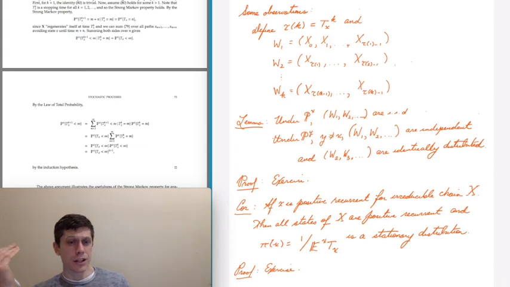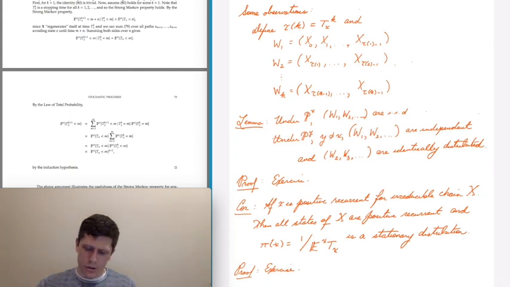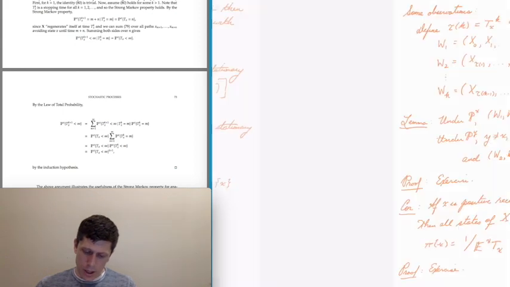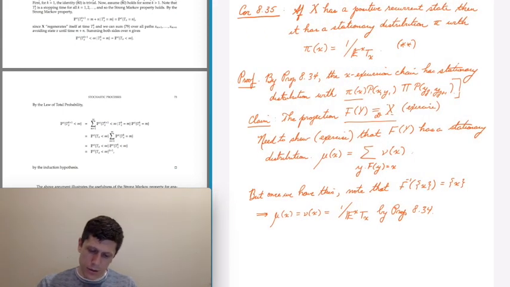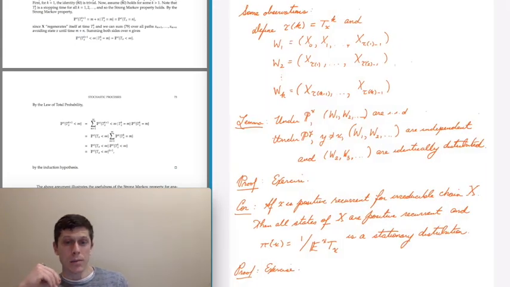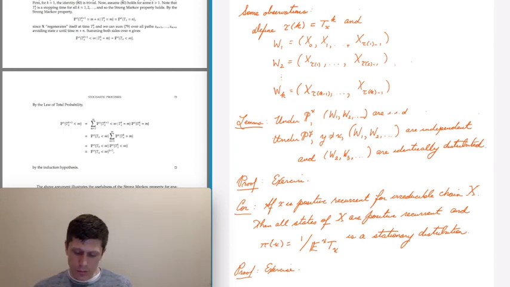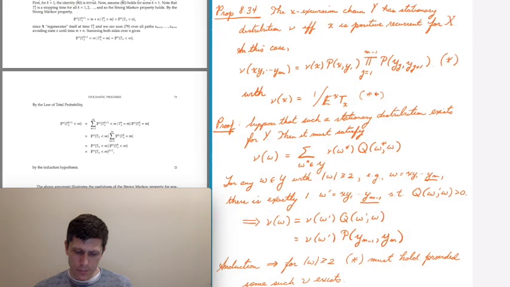So in this case, since all states communicate and they're all positive recurrent, they're all going to have positive probabilities under the stationary distribution. And we already showed that this is a stationary distribution for a positive recurrent state, and we showed that here. So since it's a stationary distribution and it has that property, we have this stationary property for this chain.